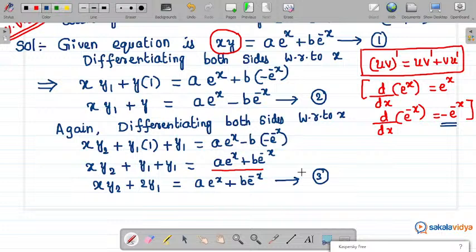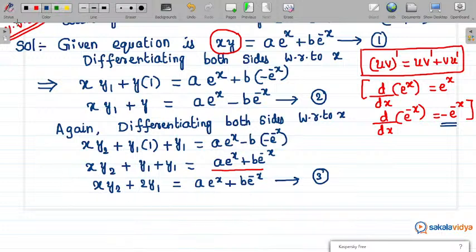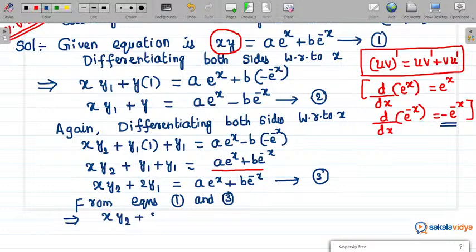Now, from equations 1 and 3, a e power x plus b e power minus x is xy. So we get x y2 plus 2y1 equal to xy. Take xy this side: x y2 plus 2y1 minus xy equals 0.